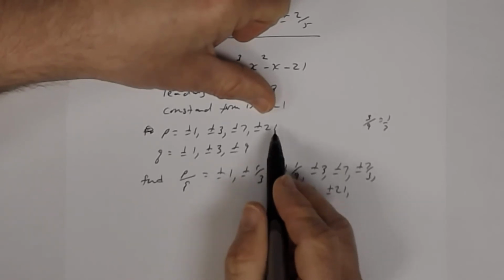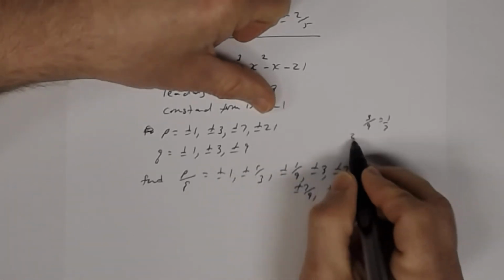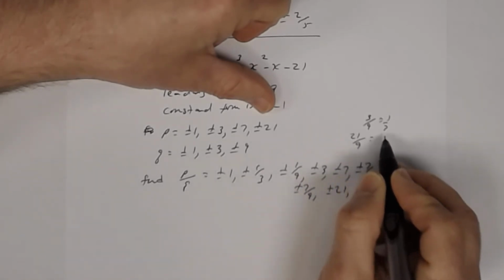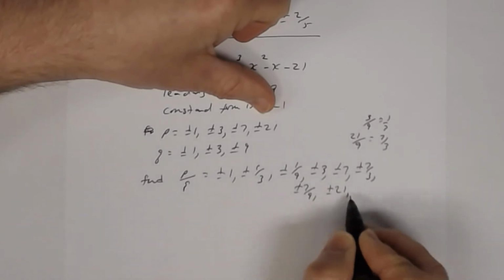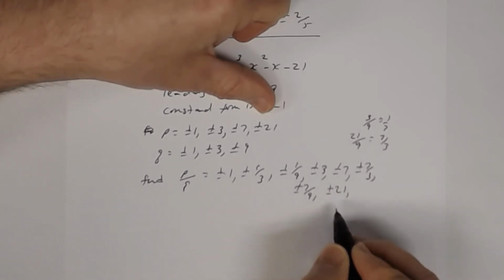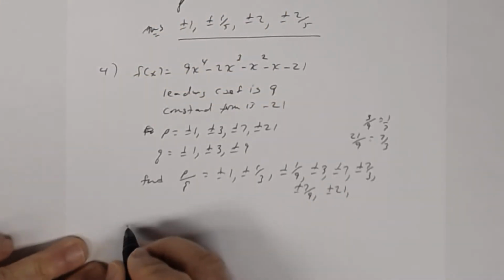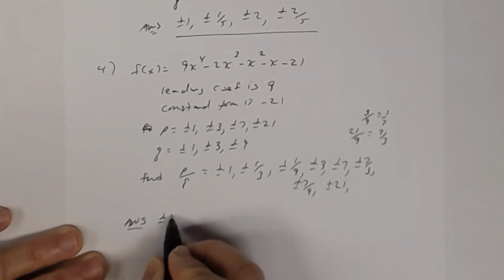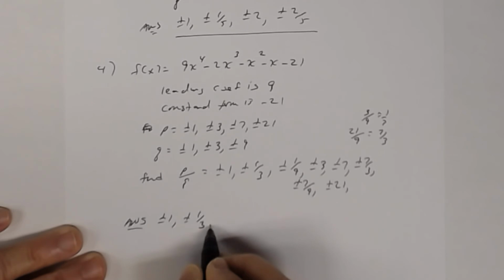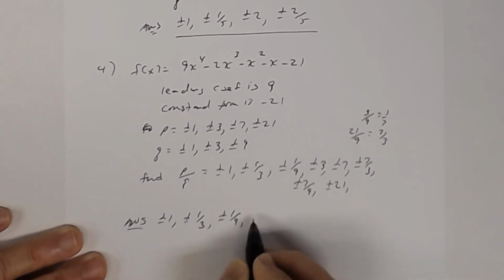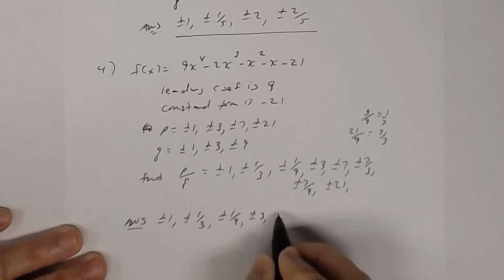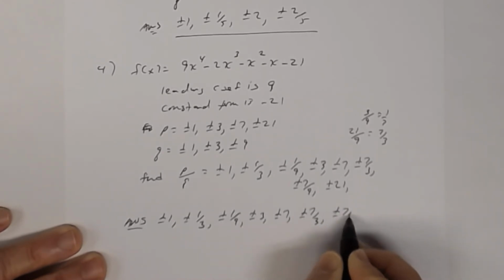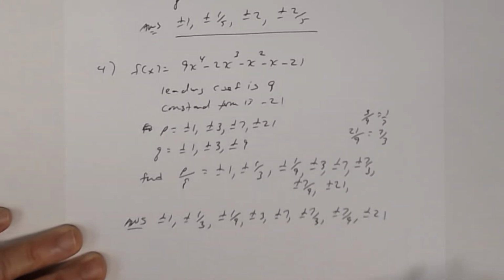Now be careful. 21 divided by 9 reduced. You've got to think about that. Both are divisible by 3, so it's 7/3, and it's already listed. So those are your possible rational zeros: plus or minus 1, plus or minus 1/3, plus or minus 1/9, plus or minus 3, plus or minus 7, plus or minus 7/3, plus or minus 7/9, and plus or minus 21.